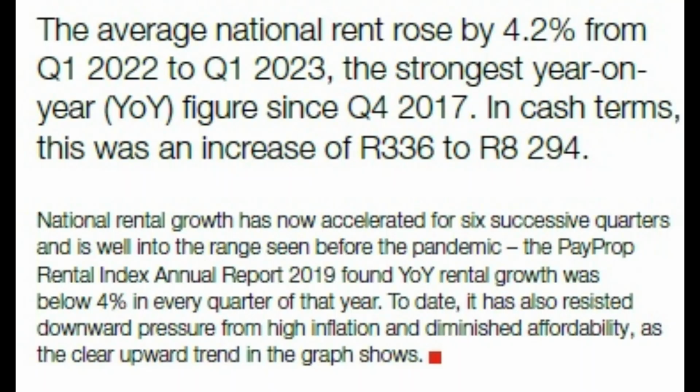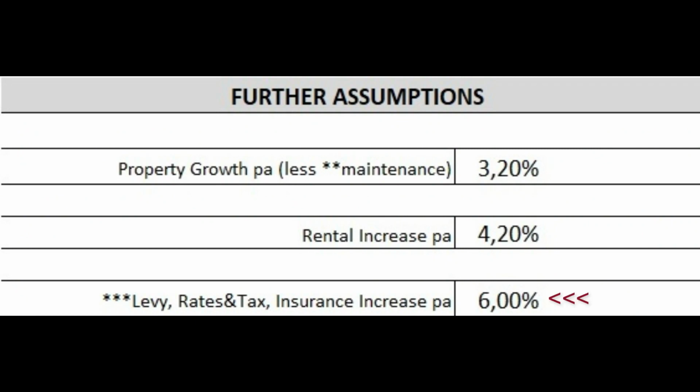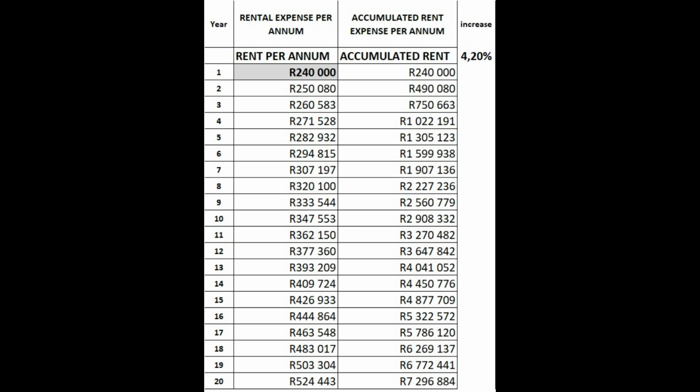The rental increase per annum is based on data from PayProp, which currently shows 4.2%. And even though inflation is more than 6% at this stage, 6.8%, we'll give the property the benefit of the doubt and just make it 6%, because long-term South African inflation seems to be around that figure. So let's go into the rental scenario first before we compare them to each other.